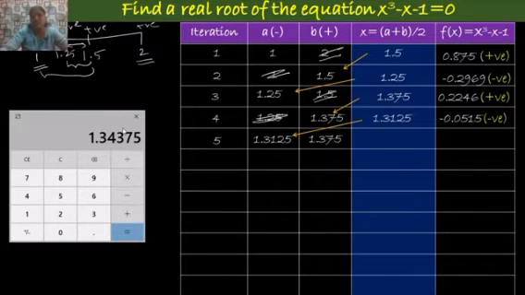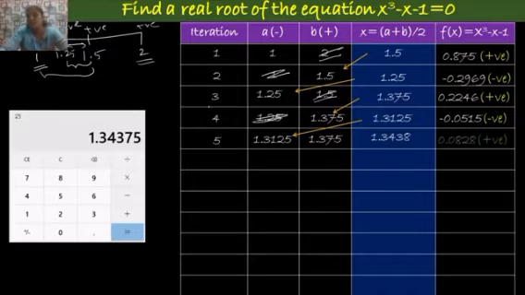I have to take up to 4 decimal places, so 1.3438, because in the fifth decimal I have the value 5, so you add 1 to the previous decimal. So at this point the function takes the value 0.0828. That is positive.